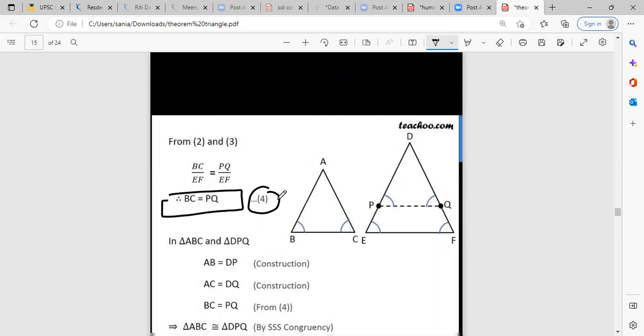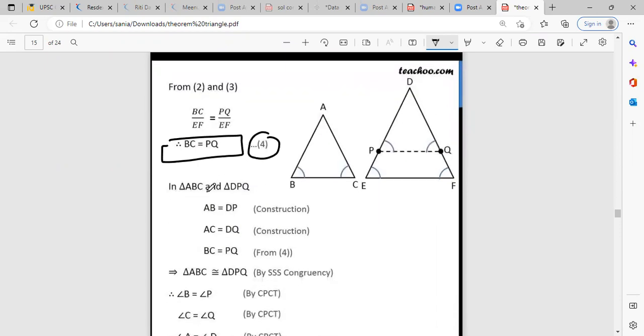Now what you will do in triangle ABC and DPQ, these two triangles, you will prove them congruent. So, ma'am, over here AB is equal to DP by construction, and AC is equal to DQ by construction, and BC equals PQ. Over here, you proved it, right? So by this, this triangle and this triangle are congruent.